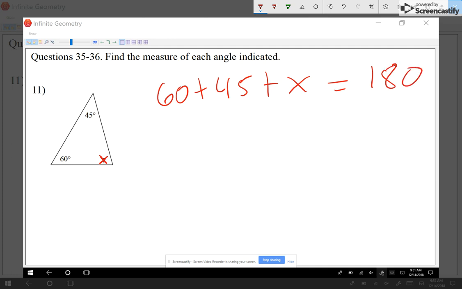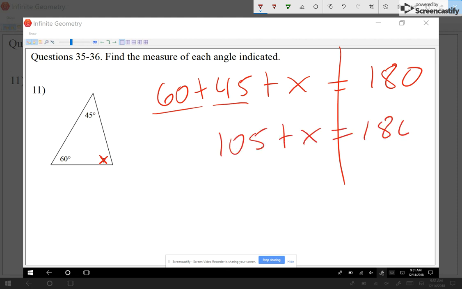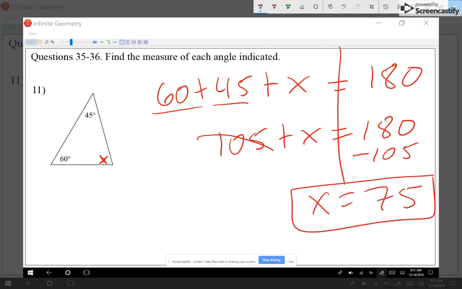The 3 angles of a triangle equal 180. Now, on the left side of the equal sign, at least I can combine 60 plus 45. That's 105. So I have 105 plus X is equal to 180. To get the X by itself, let me subtract 105 on each side. X in this case is 75.